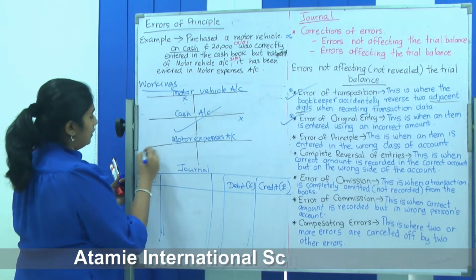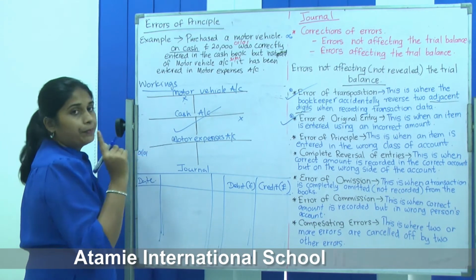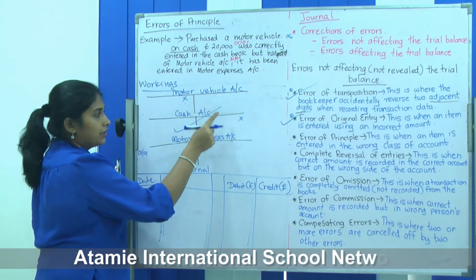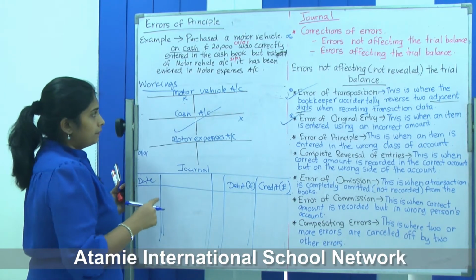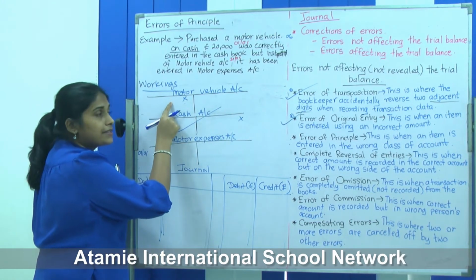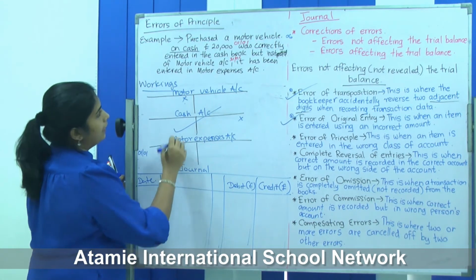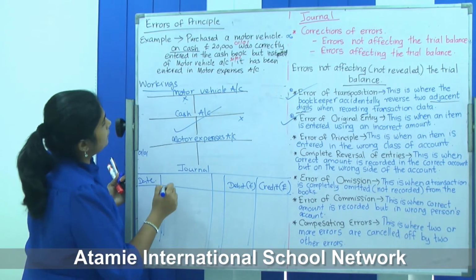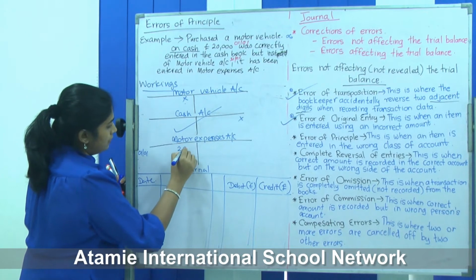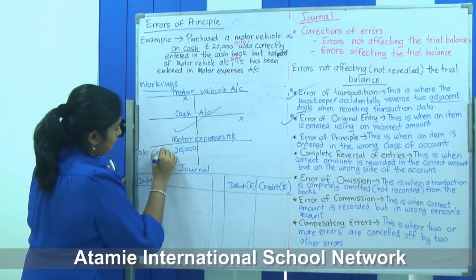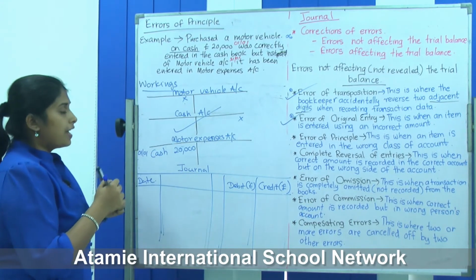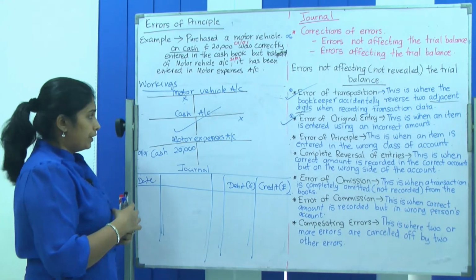So on 1st of January when you purchase the motor vehicle, they have correctly entered it in the cash book, but without debiting the motor vehicles, they have recorded in the motor expenses account 20,000 as cash. So this is the error which the bookkeeper has done.